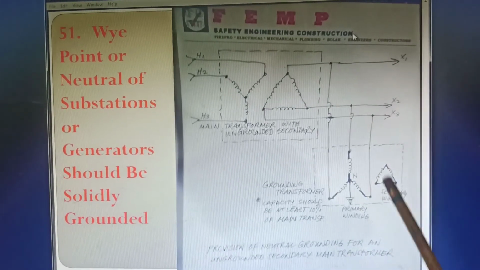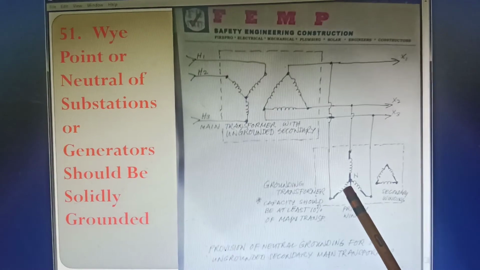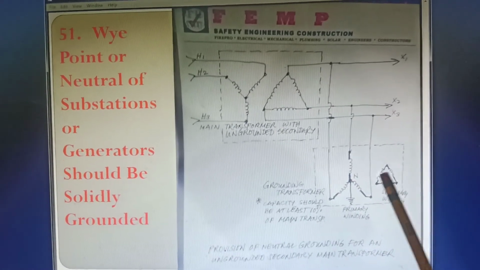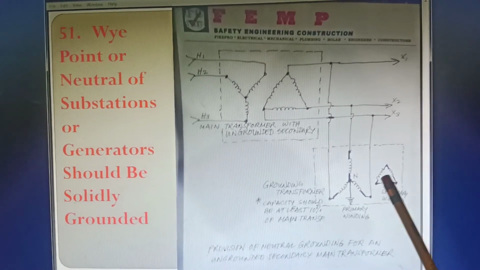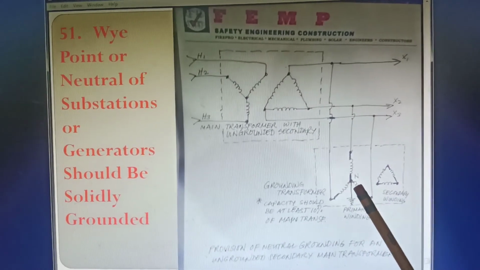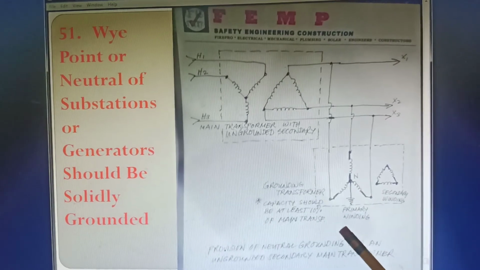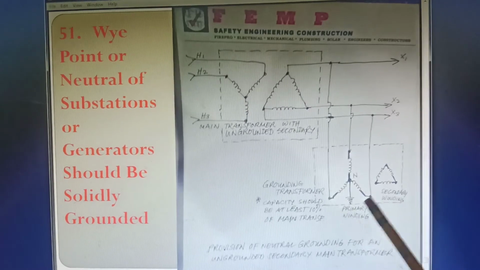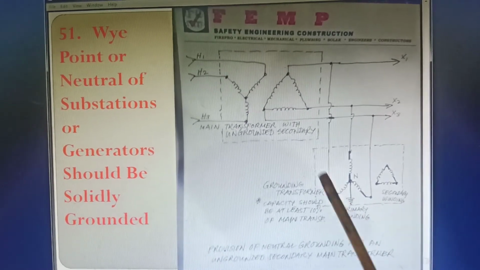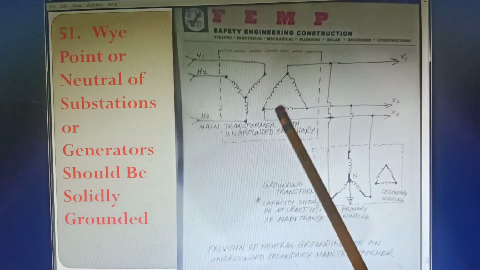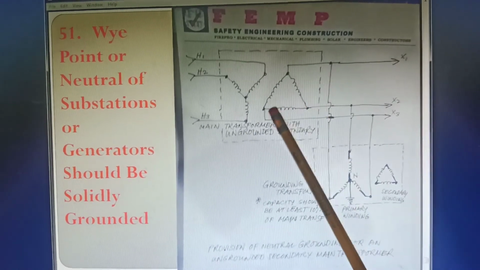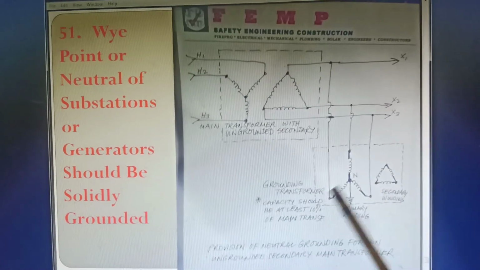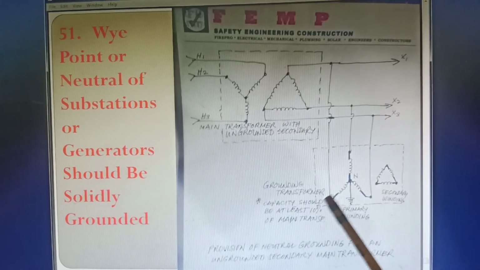So you can install a grounding transformer which looks like this, Y in the primary and delta in the secondary, and the neutral point of the grounding transformer should be solidly grounded, and the capacity of this should be at least 10% of the rating of this. So for example, if this is a 1000 kVA transformer, then this transformer should be at least 100 kVA.